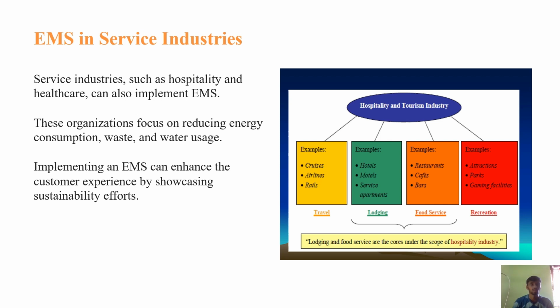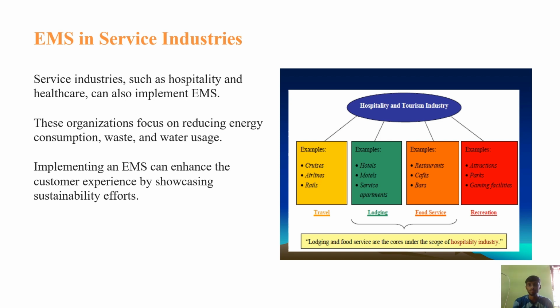And coming to EMS in service industries. Service industries such as hospitals and healthcare can also implement EMS. These organizations focus on reducing energy consumption, waste, and water usage. Implementing an EMS can enhance the customer experience by showcasing sustainable efforts.